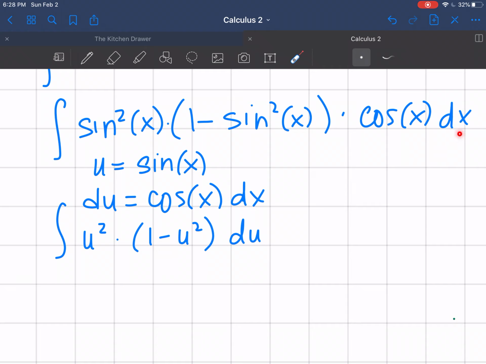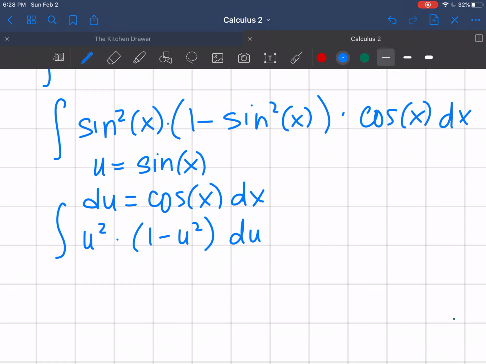And then we replaced cosine of x dx with, right, du. And so computing this antiderivative is now just a function that's just a polynomial in u. And so we can just use like the power rule and all those things.